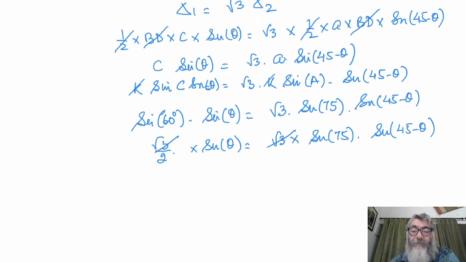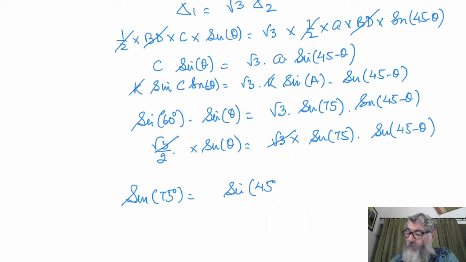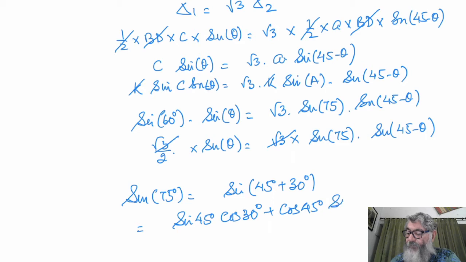Now I have to calculate sine 75. Sine 75 is sine of 45 plus 30, which gives sine A cos B plus cos A sine B. Sine 45 is 1 upon root 2, cos 30 is root 3 upon 2, cos 45 is 1 upon root 2, sine 30 is 1 upon 2. So sine 75 is root 3 plus 1 upon 2 root 2.